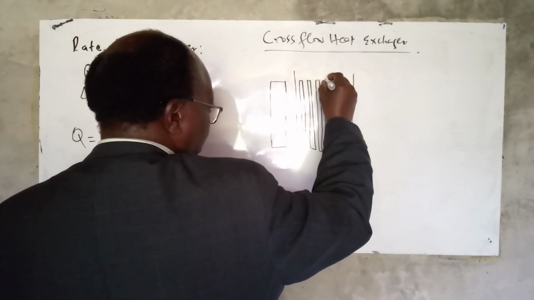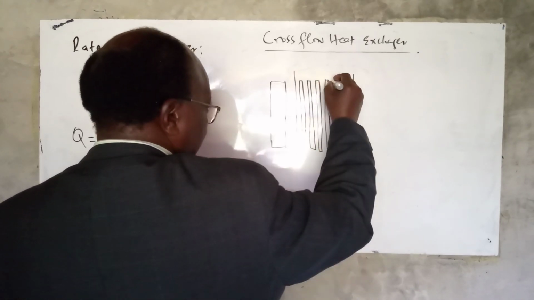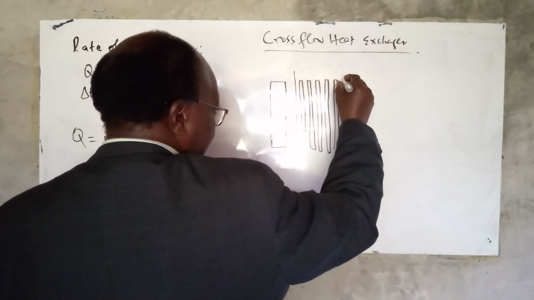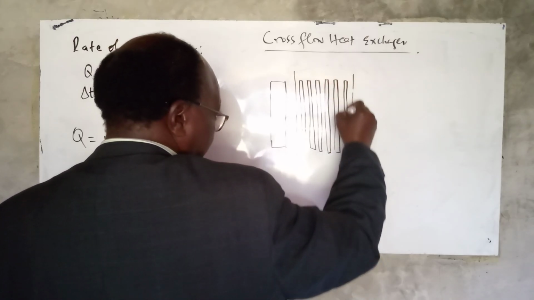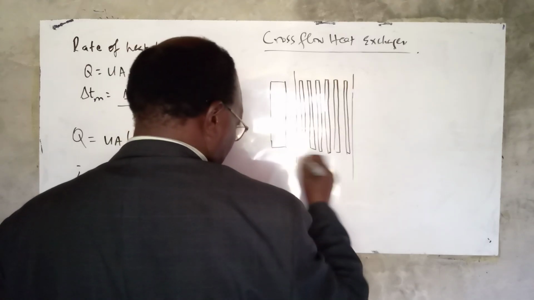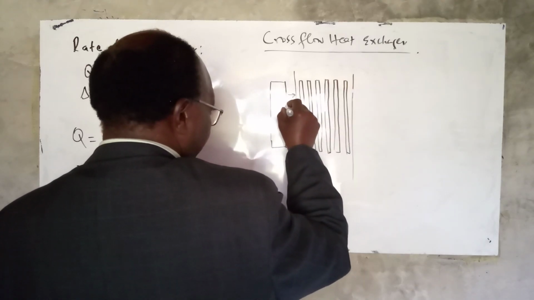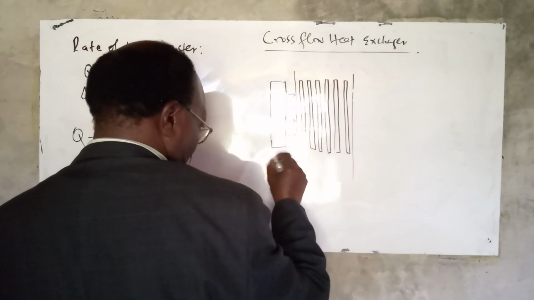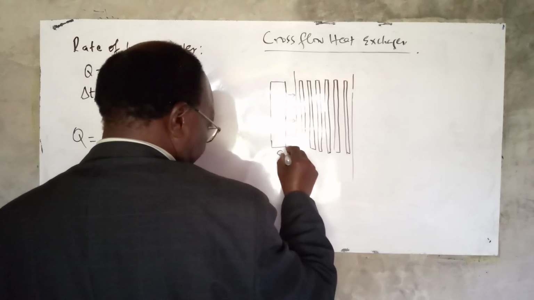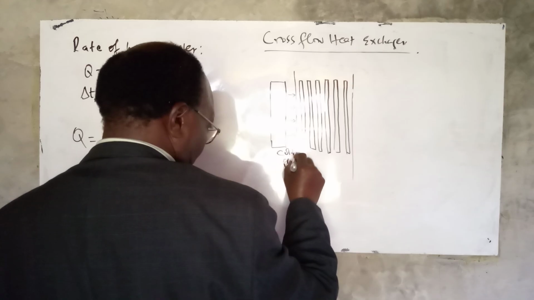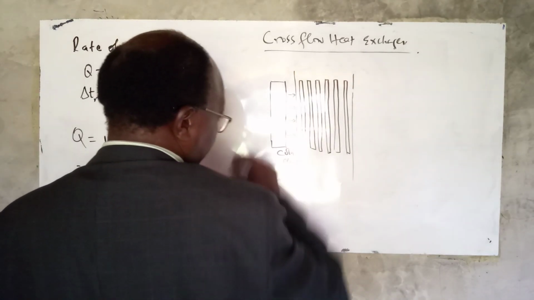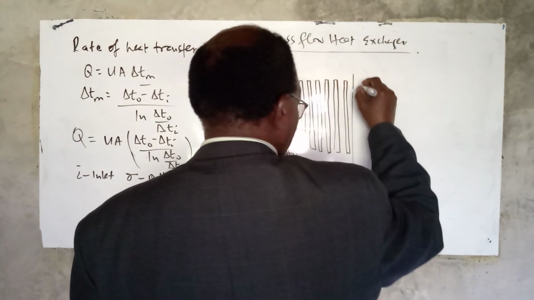You can do a better job by drawing much straighter lines using your ruler. And so we have here the cold fluid, and this is the exit.